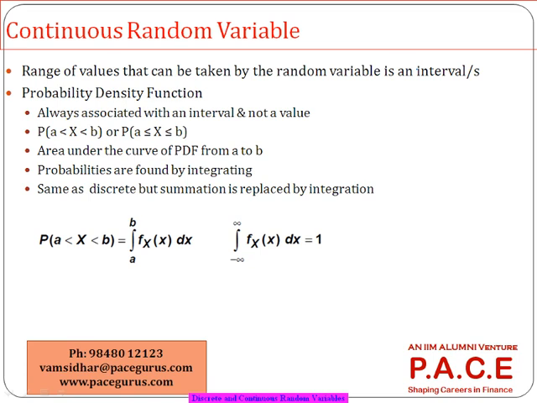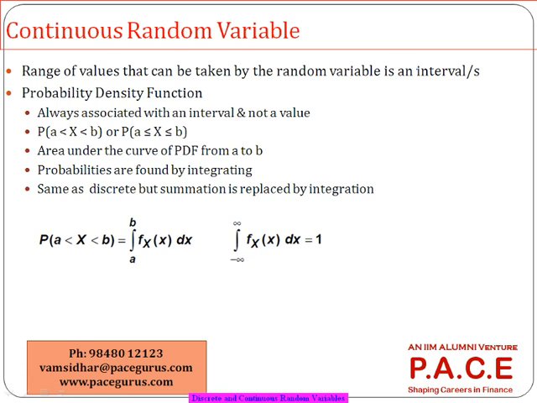So because the random variable can take any of the possible values, we cannot represent that in a tabular form. The tabular form talks of the different possible values that it can take and their corresponding probabilities.